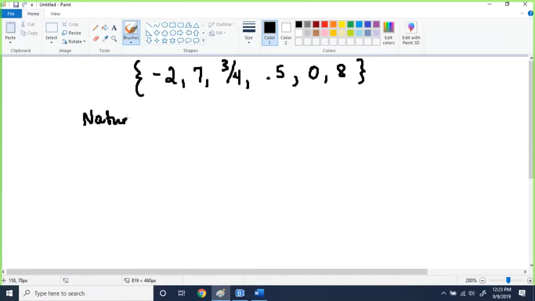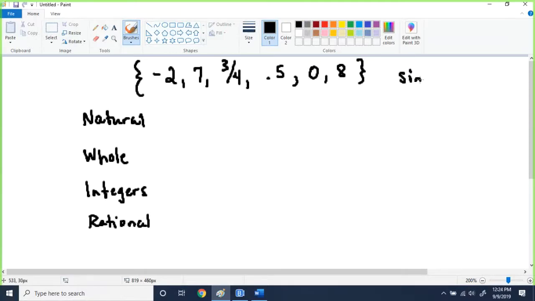Let's put our categories back: natural, whole, integers, and rational numbers. Now, as we look at these numbers, they can go in one set or more. And we always want to take a look at our numbers before we get started and be sure that they're in the simplest form. So all of these numbers are in their simplest form.